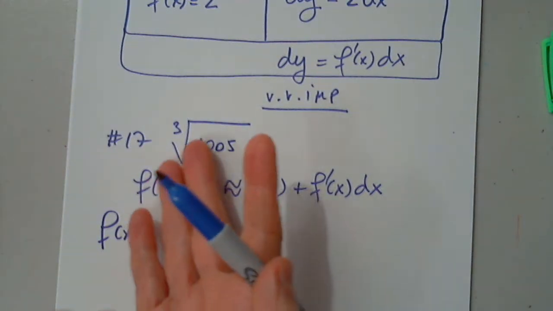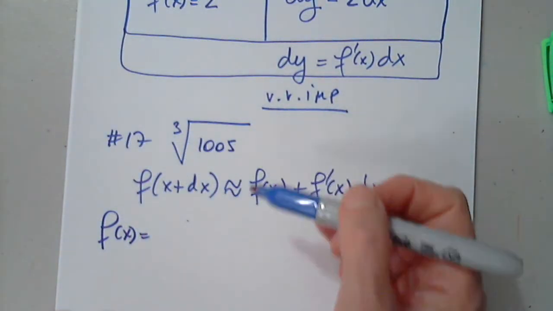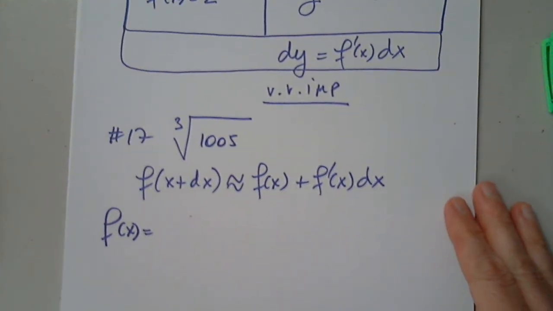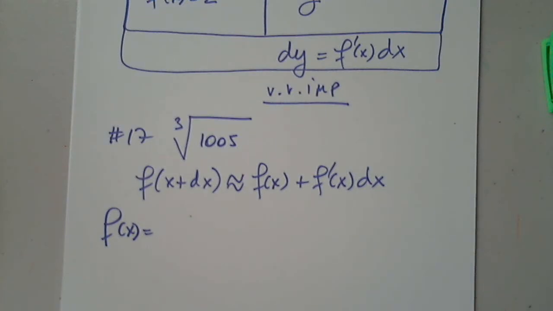Which function, when you look at the cube root of 1005, do you think is applied here? Is it exponential? Is it log? Is it a ratio? Is it a product? What function is applied here?